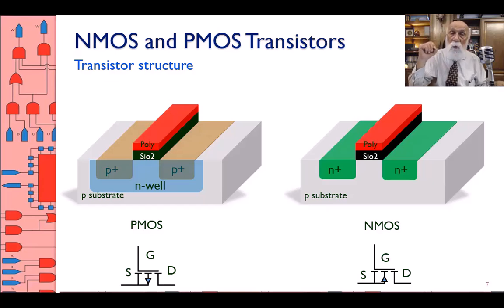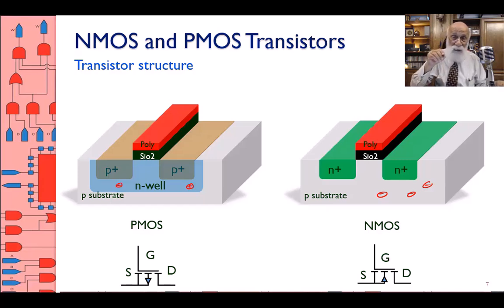That means they are holes. If an electron has a negative charge, there are few electrons in the substrate. In a well of a PMOS transistor, there are few holes, that means positive charges.